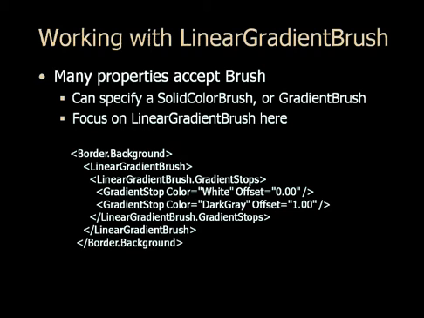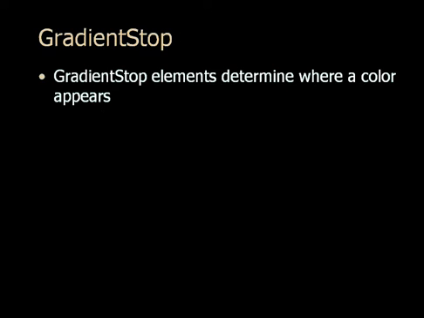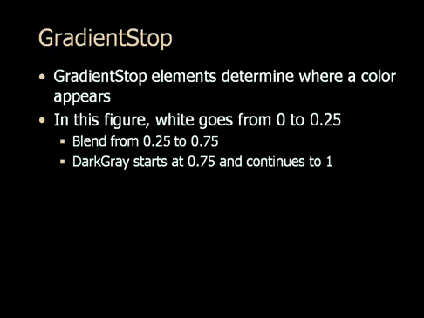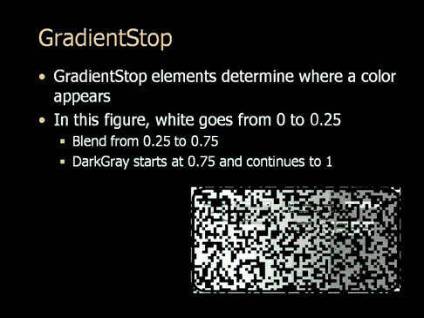We specify a linear gradient brush element. Within there's a collection of gradient stops. Each gradient stop indicates a color and an offset from the edge of the control. Each gradient stop determines where a color appears. In this figure, the white goes from 0 to 1/4, the blend from 1/4 to 3/4, dark gray starts at 3/4 and continues to 1.